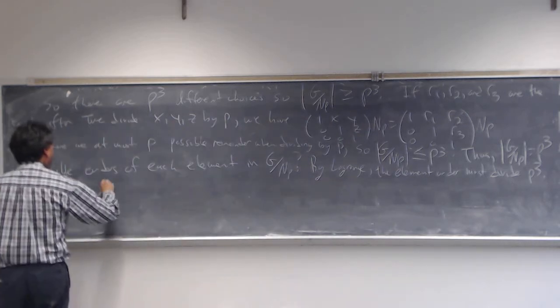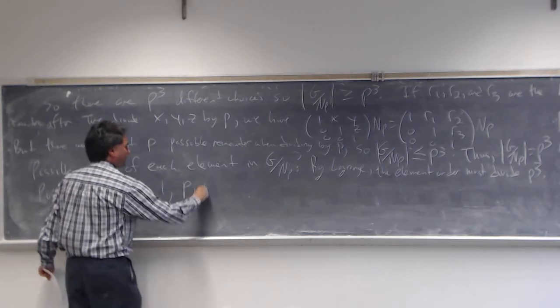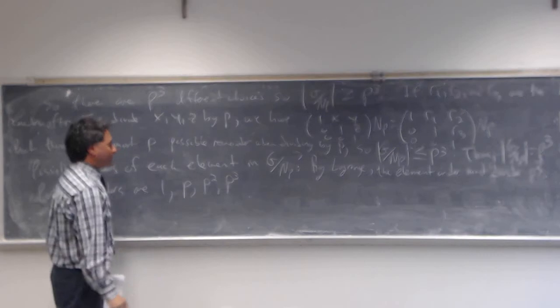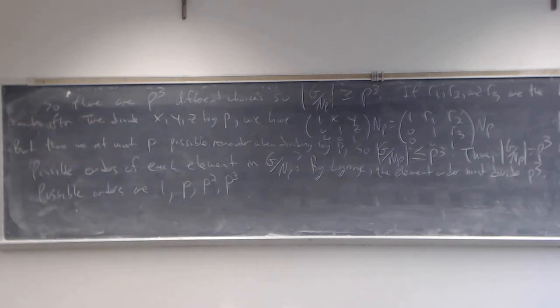So the possible orders are 1, p, p squared, and p cubed. Here's where the prime comes into play, right? If you don't have a prime number, there may be many more divisors. Think of something that's not prime: 4 cubed is 64.